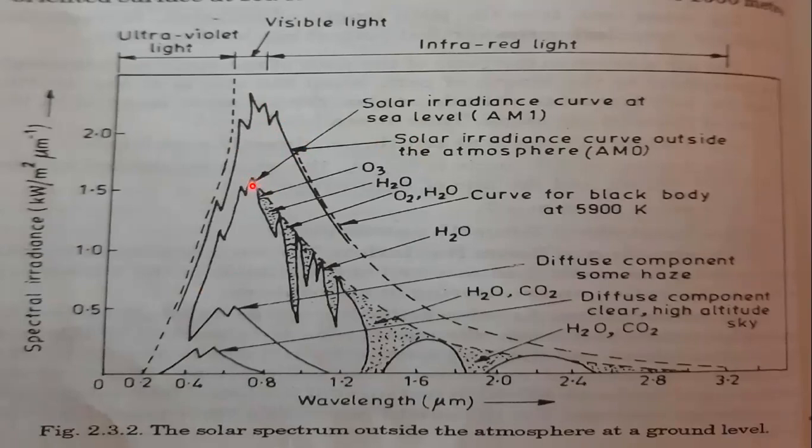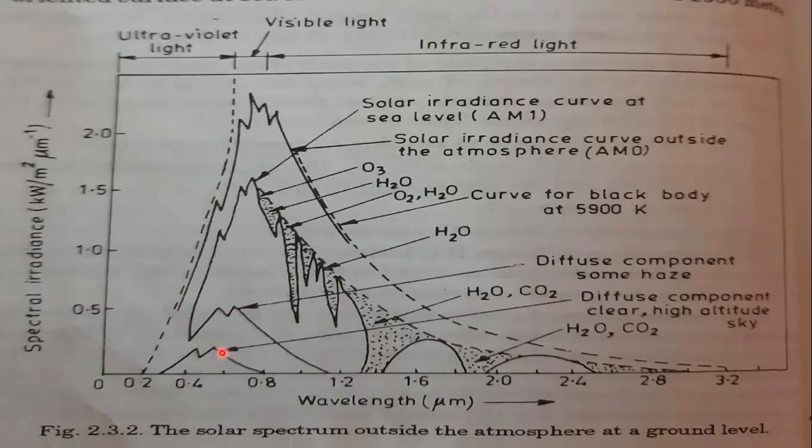The dotted curve we are seeing like this represents a black body at a temperature of 5900 degrees Kelvin. The lower two curves are of diffuse components and clear sky conditions respectively. This is the diffuse component and this is the clear sky condition.